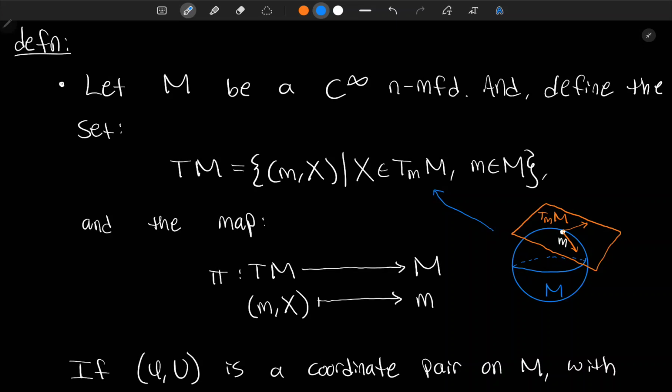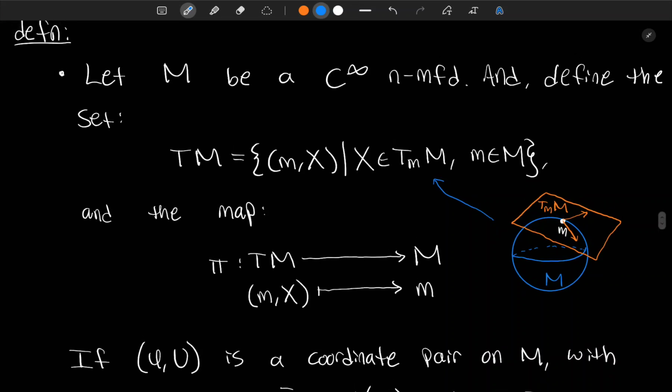So here, since M is a two-dimensional surface, the surface of a sphere, the tangent space T_m M is spanned by two vectors. So it's a plane which contains all of the vectors parallel to the manifold M. So TM is just the collection of all of the tangent spaces.